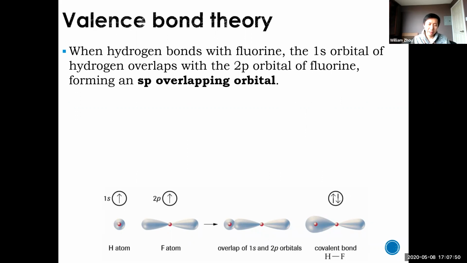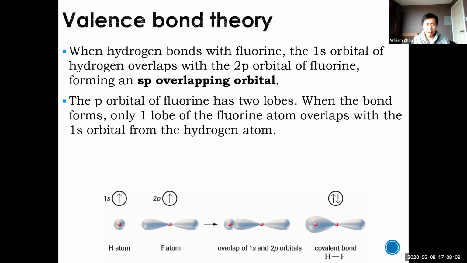What happens when H tries to bond with F? Well, the s orbital from the hydrogen will overlap with the p orbital from the fluorine. If you take a look at the picture on the bottom, they will merge into a bigger orbital, and it only merges with one of the lobes.